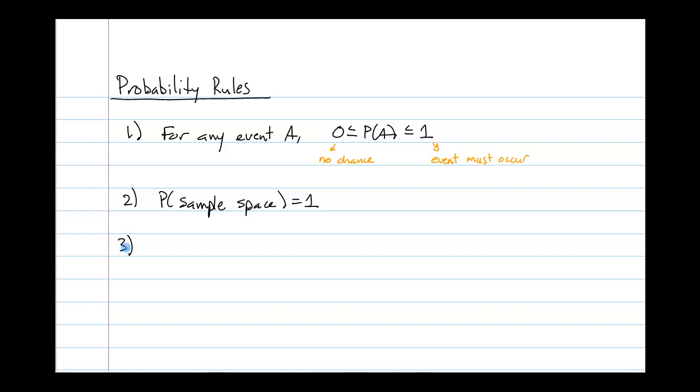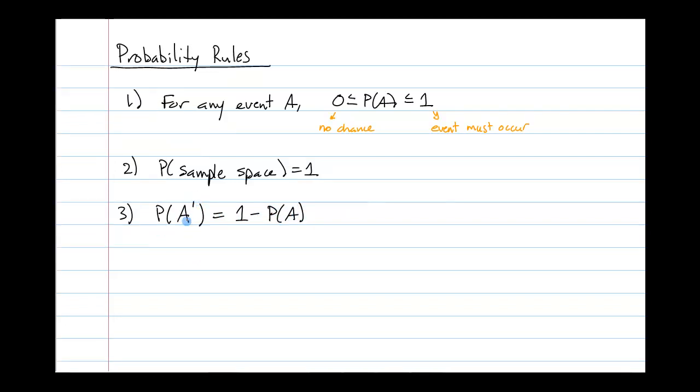The third probability rule has to do with complements. So the probability of A not occurring, and we use A prime to mean A not, is 1 minus the probability that A occurs. So this is called the complement of an event. This means A complement. Now, A prime could represent A complement.